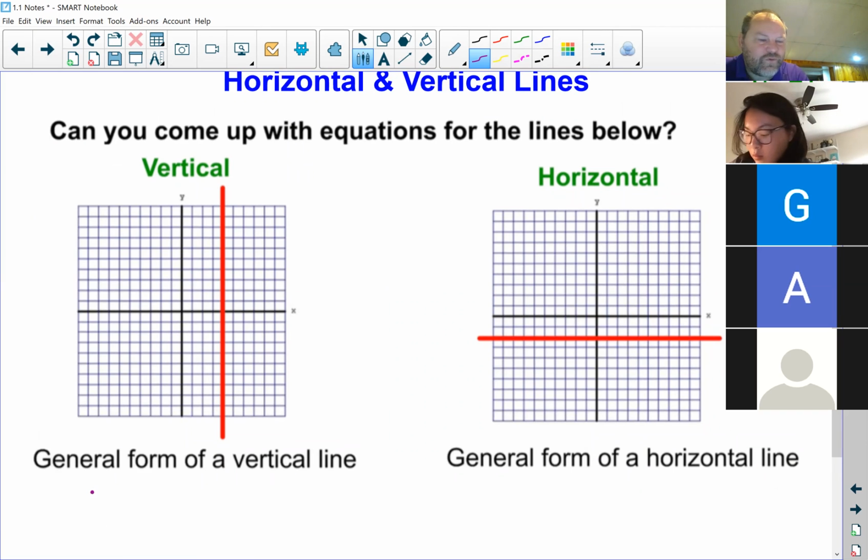So the general form we use is x equals c, where c just represents the x coordinate for every point on that line. Our example here would be x equals 4.